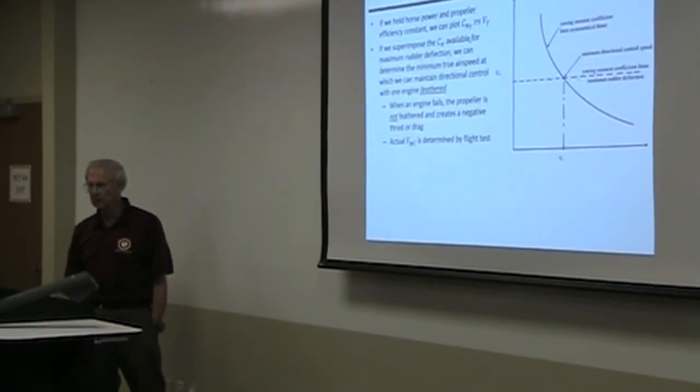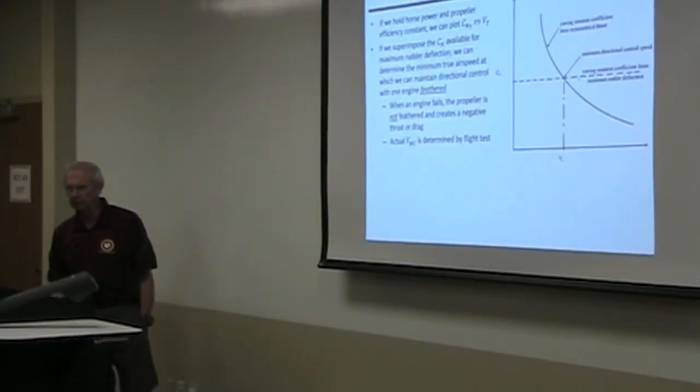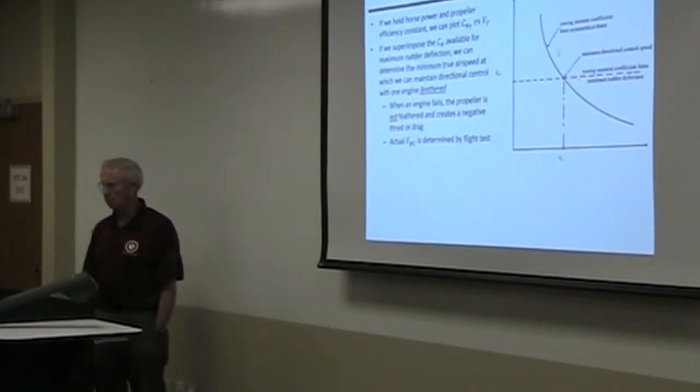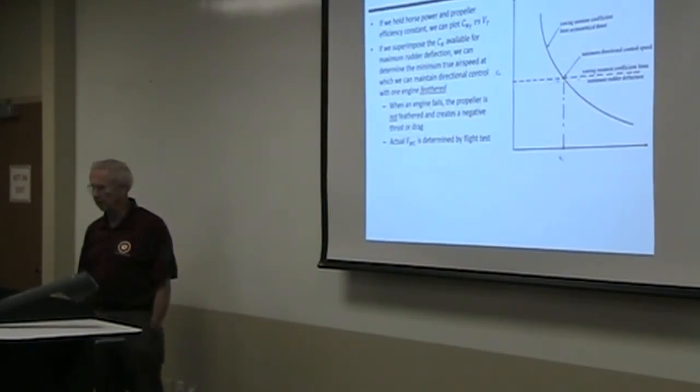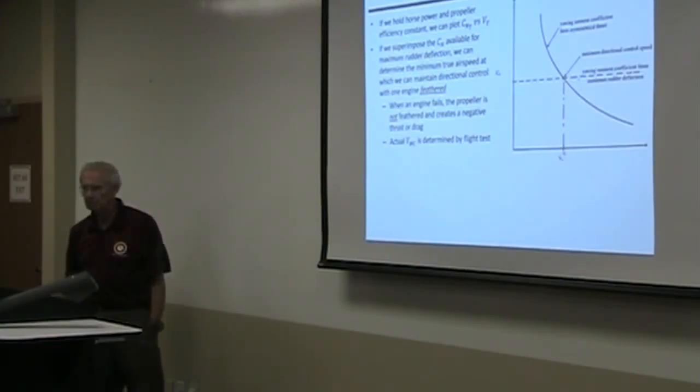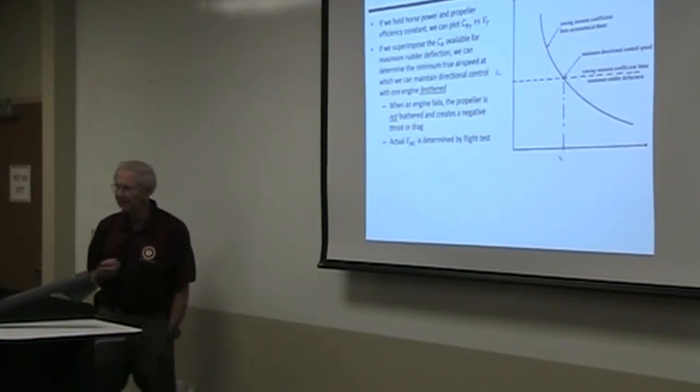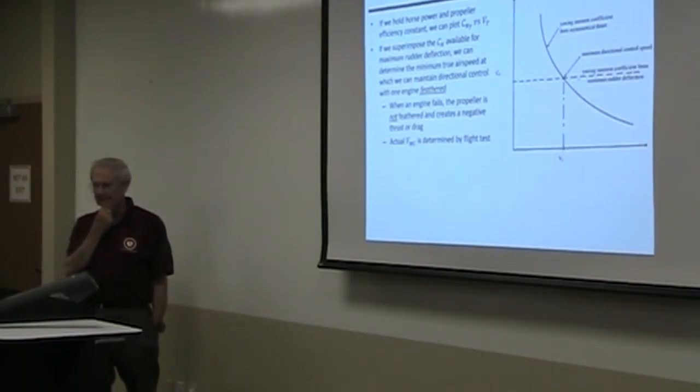And if we oppose that available for a maximum rudder deflection, here's the CM that would be generated by our maximum rudder deflection, and here's the curve of yawing moment coefficient for asymmetric thrust versus airspeed. Then we find the speed for minimum control with one engine feathered.